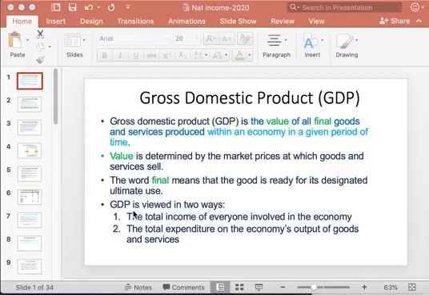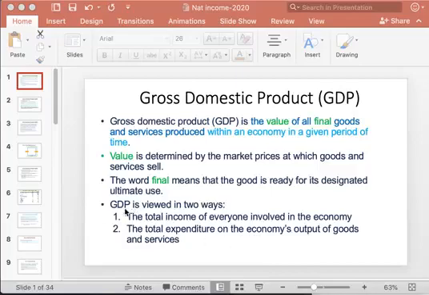In other words, GDP can be calculated from the total income of everyone involved in the economy, or it can also be calculated from the total expenditure for the purchase of goods and services produced within an economy.